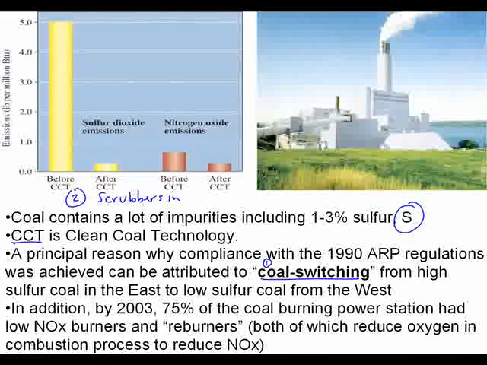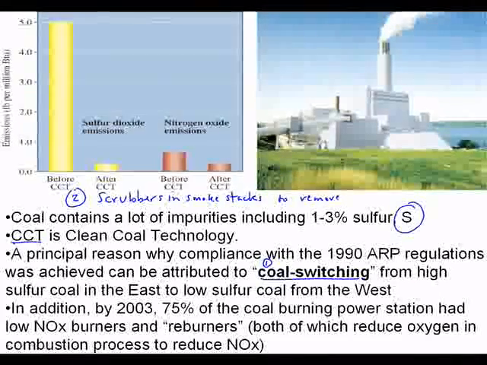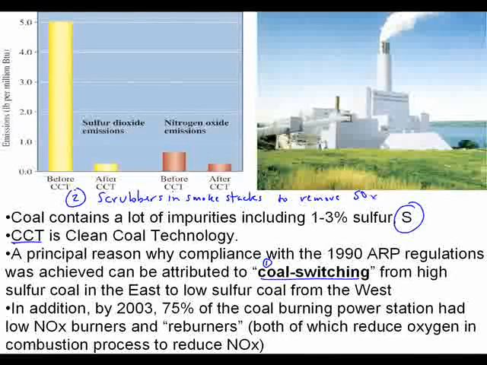Scrubbers in the power plants and in the smokestacks to remove SOx. All right, and I'm going to use SOx, SO2, also.